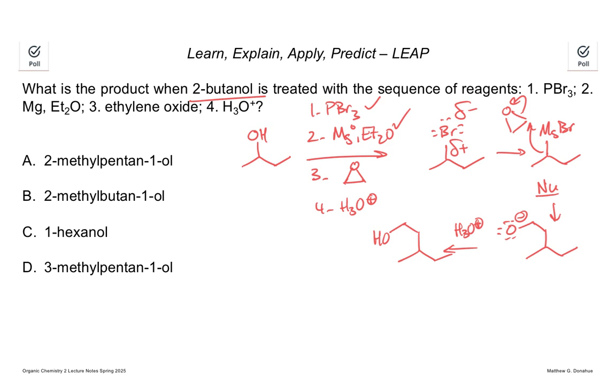So if we number the alcohol with the lowest number it can get, that's carbon 1, 2, 3, 4, 5. So we should have a 1-pentanol.